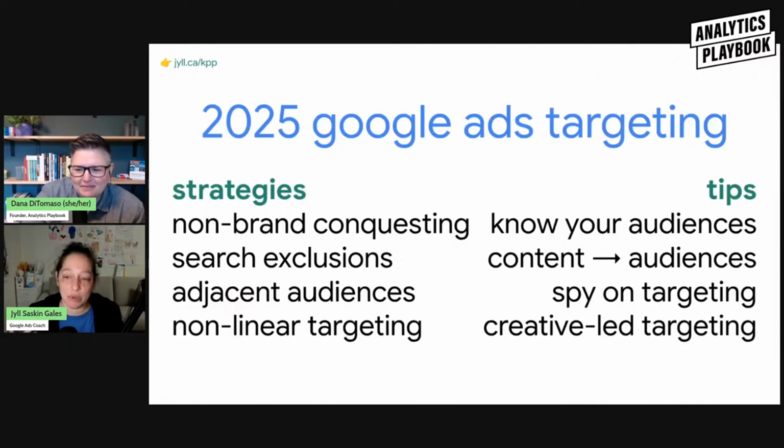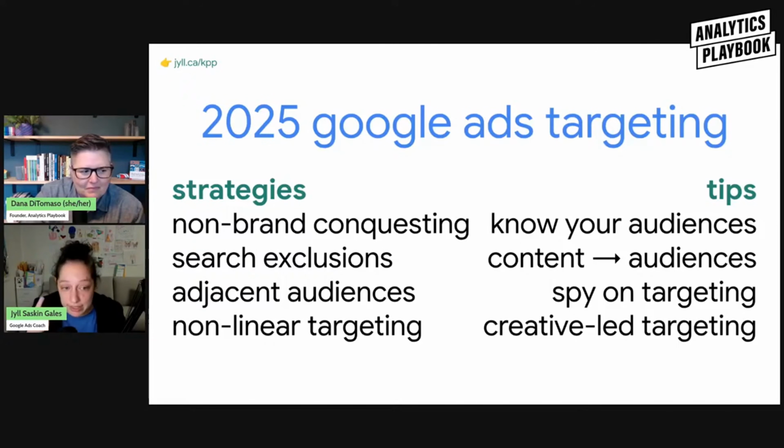So to succeed with Google Ads targeting in 2025 and beyond, the four overarching strategies we discussed were non-brand conquesting to go after your competitors, search exclusions rather than just search targeting, adjacent audiences when you're in an expensive niche, and non-linear targeting when you're in a sensitive interest category. And then I left with four tips to help those work better.